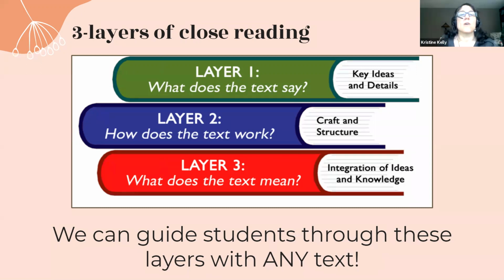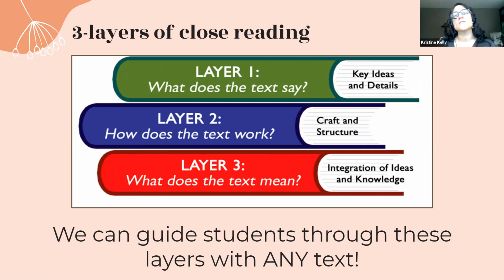The second layer is, how does the text work? So the craft and the structure, what are some of the moves that the person who created the photograph or the piece of artwork or the chart or the graph made? I tend to ask these questions more about photographs or artworks or political cartoons, but not as much about charts and graphs and other data visuals like that.